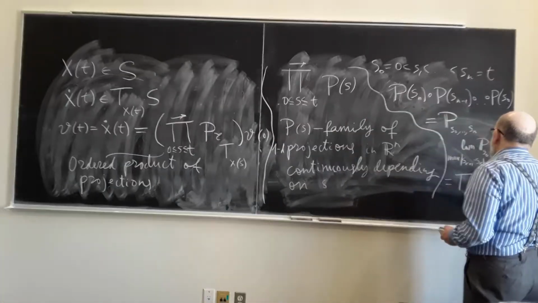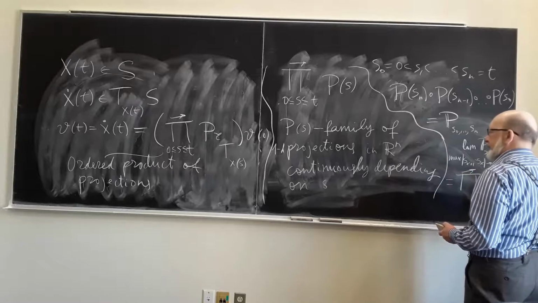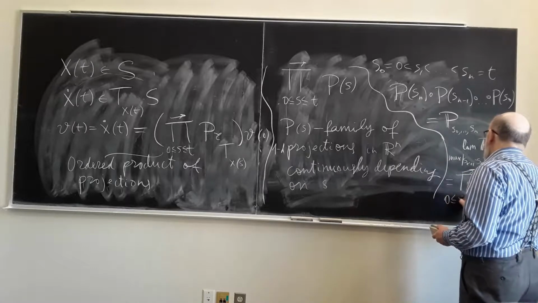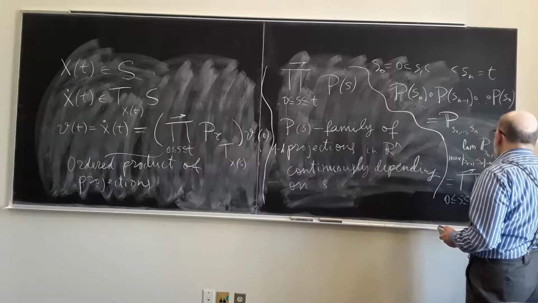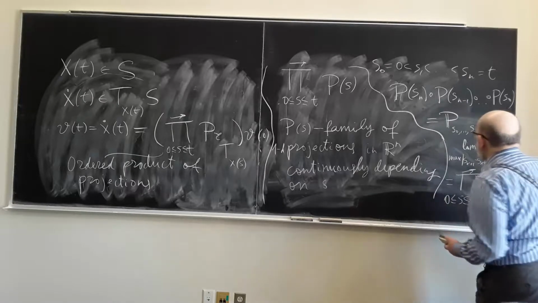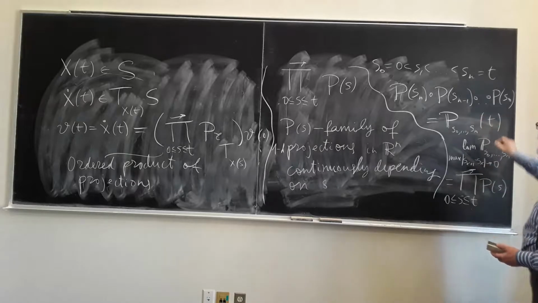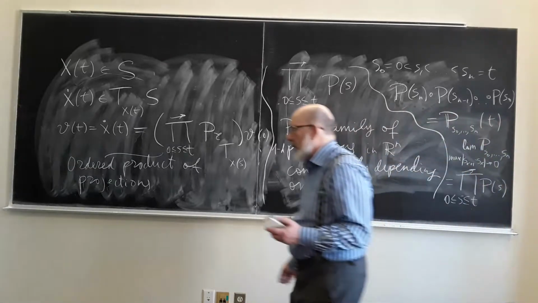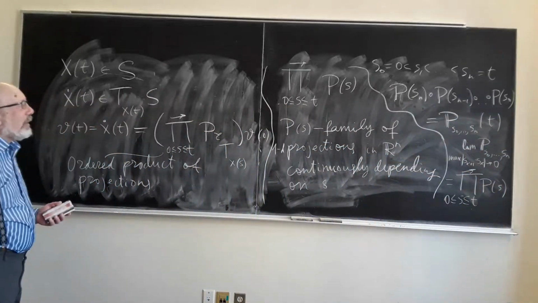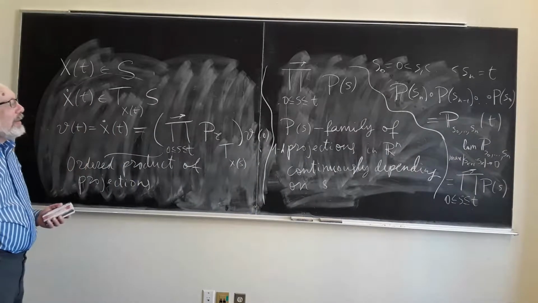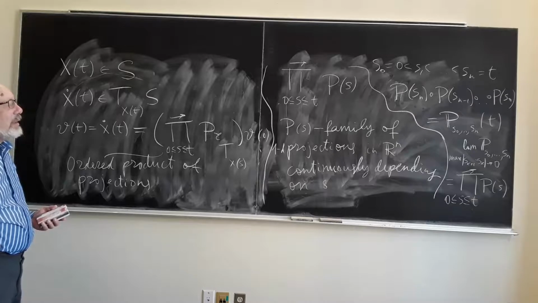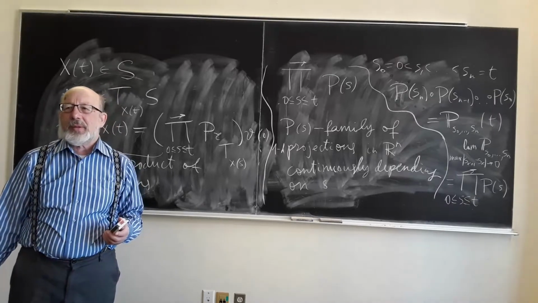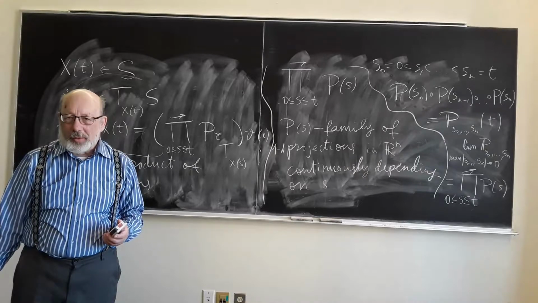And this is the product P of S of T. So this product is defined as this limit. We take many points S0, S1, and so on, and consider the product of these projectors. And then we take the limit, if this limit exists, of course.